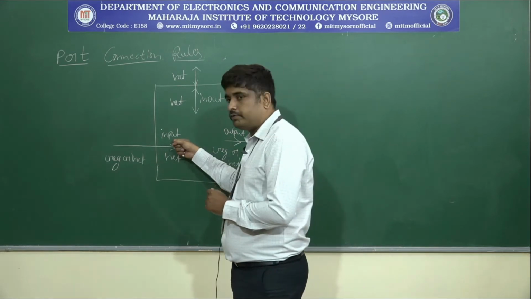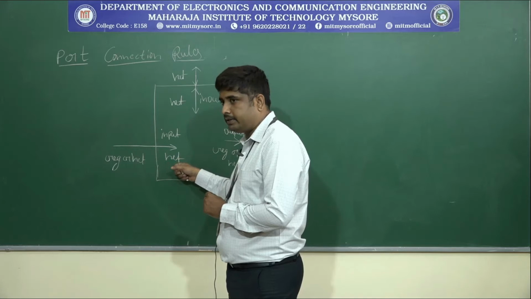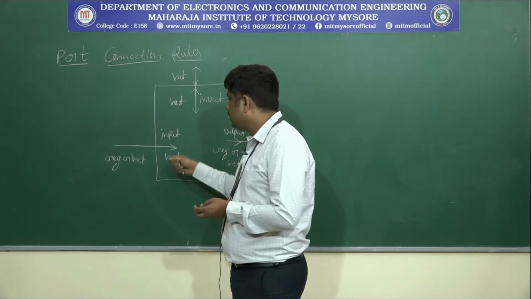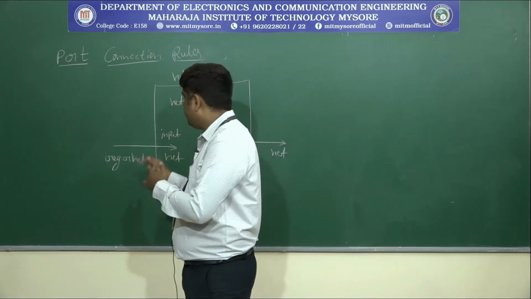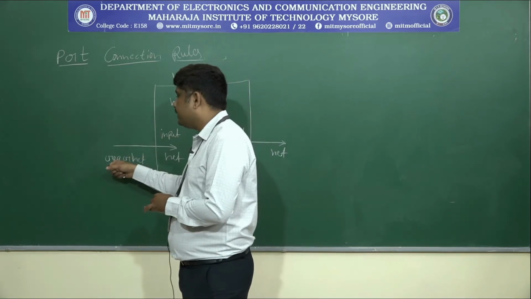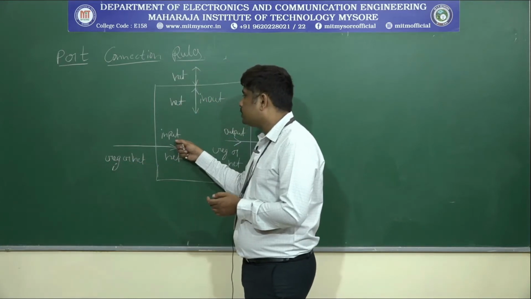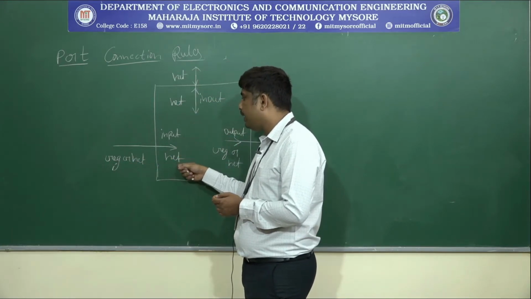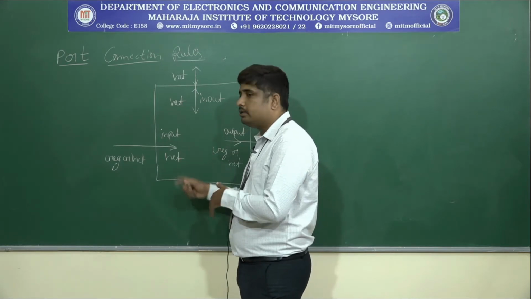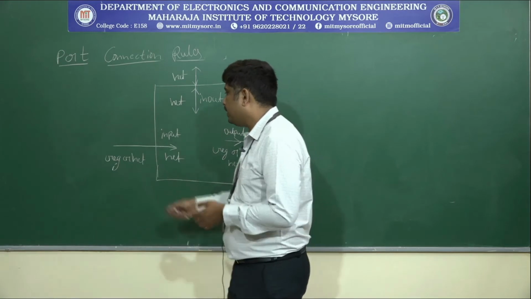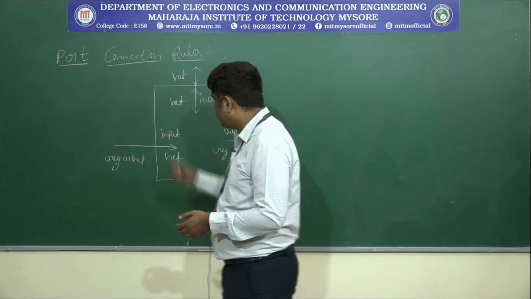First, the input must always be a net. Again I repeat, the input is always a net internally. Suppose it is connected externally, then the external may be a register or a net. That is the input.